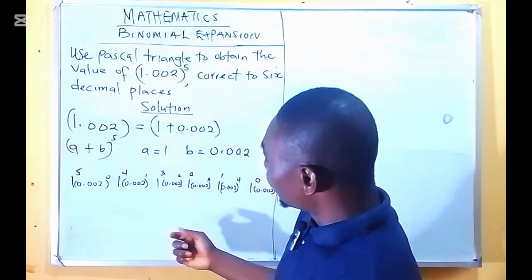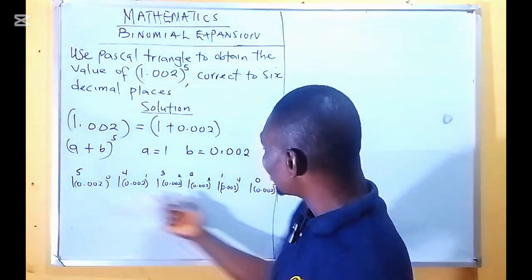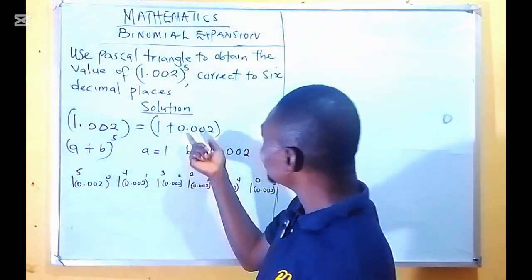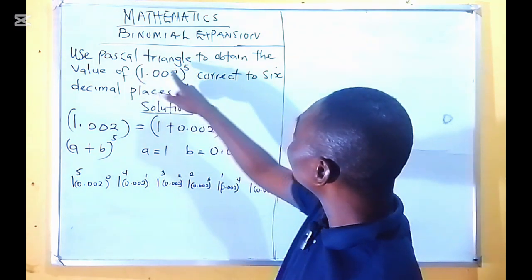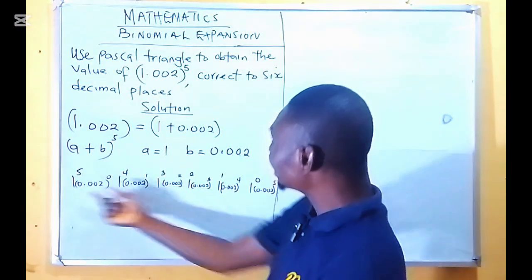Now, we have gotten the number terms. Now, the next one is to use the Pascal triangle to get the coefficient.